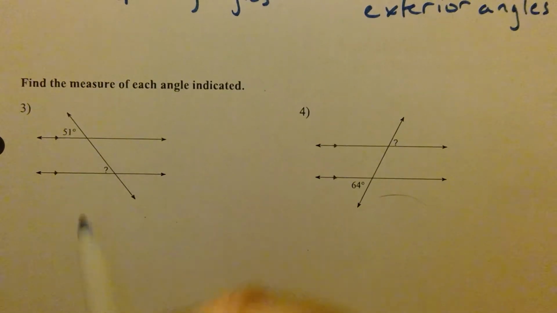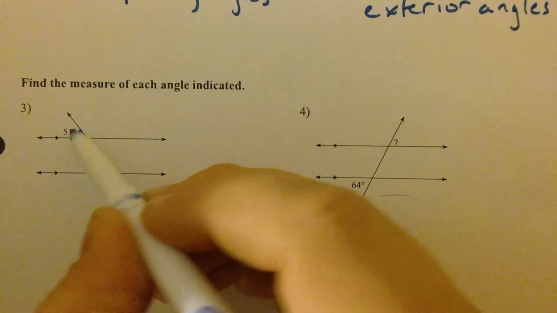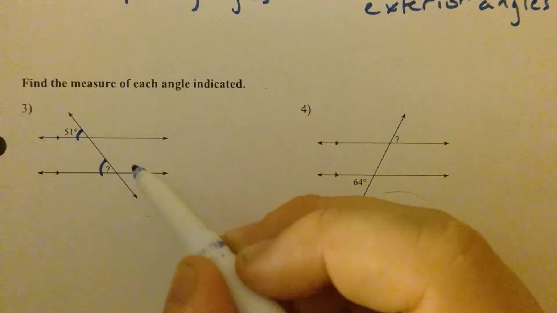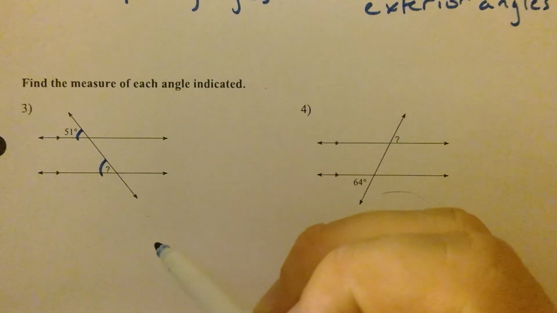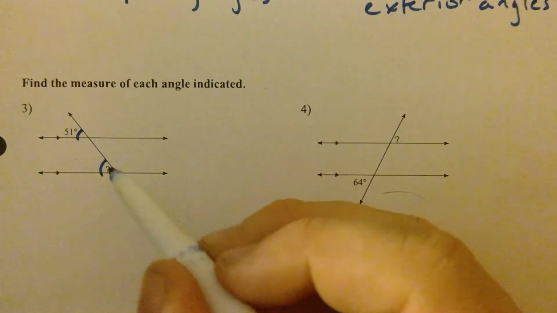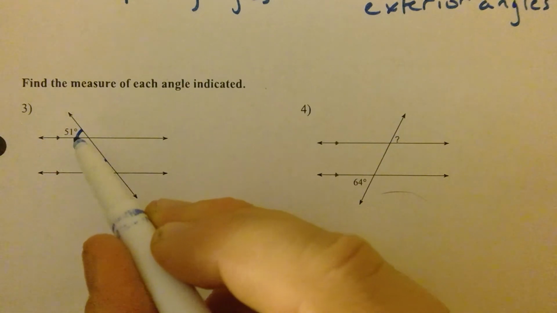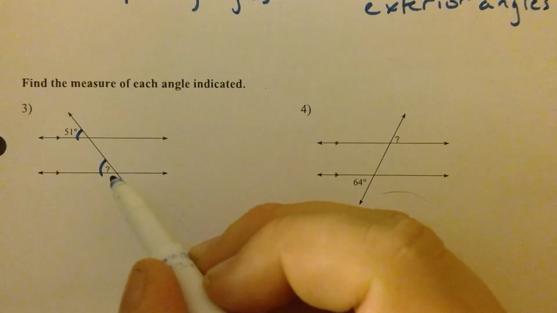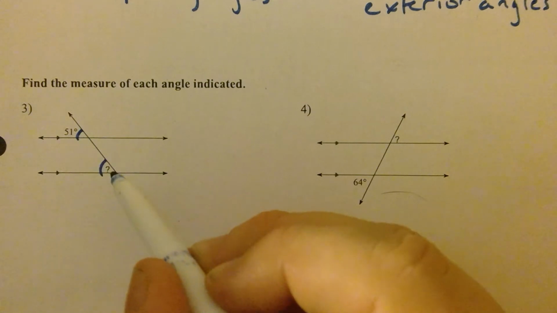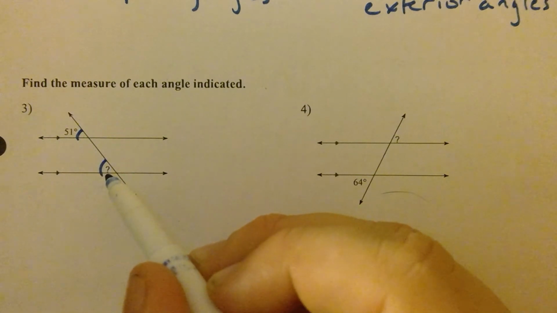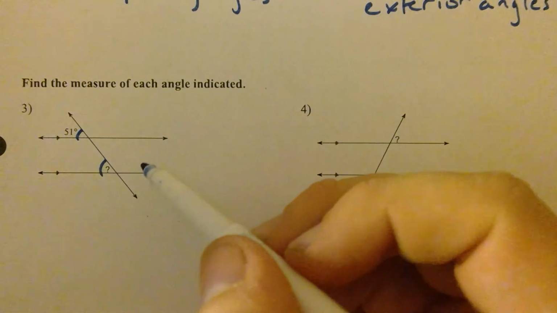So if we're looking here, we've got this angle that says 51, and we've got our question mark over here. So it's important to think about what type of angles these are first. This 51-degree angle is in the top left portion here. Our question mark's in the top left portion. I can perform a translation, and that's going to get me corresponding angles.